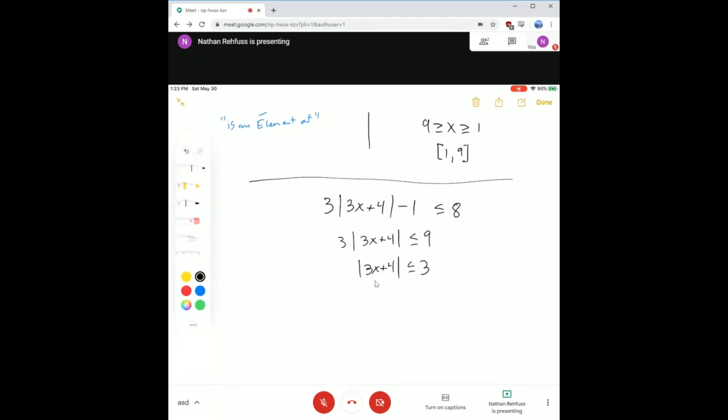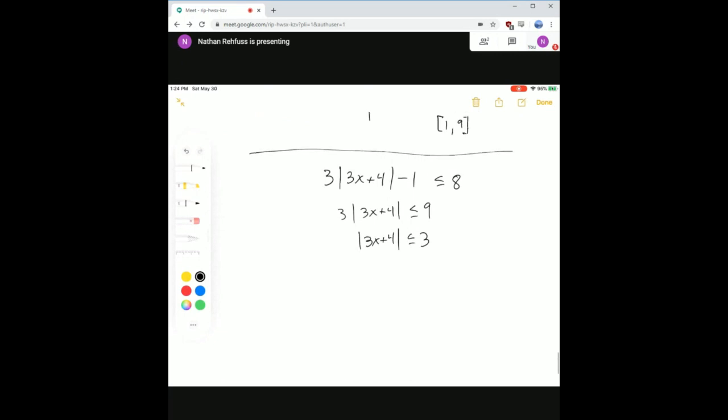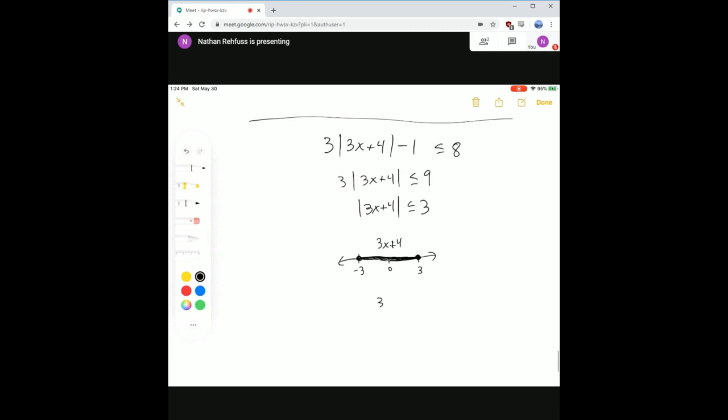Now let's just go on from there. What am I going to do here? Oh, right. So 3x plus 4 has to be no more than 3 units away from 0. So it has to live in this range. So the only way you can do that is if it's bounded from below by -3 and bounded from above by +3.